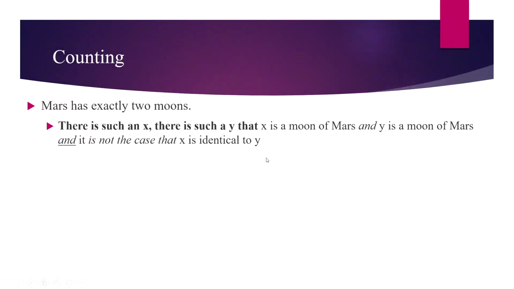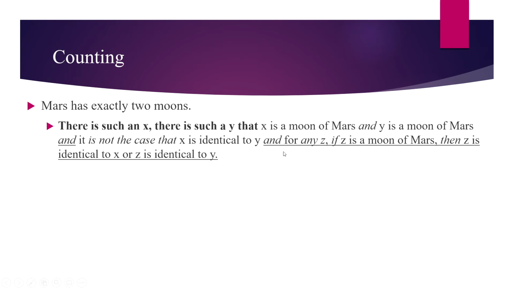So we need to add a clause, a uniqueness clause, that says that there are only two. And the way that we're going to do that is very similar to the uniqueness claims that we made when we said there were only one, but this time it's going to involve a disjunction in the consequent. So we're going to say, and for any Z, we need a new variable because we've already used X and Y. If Z is a moon of Mars, then Z is identical to X or Z is identical to Y, right?